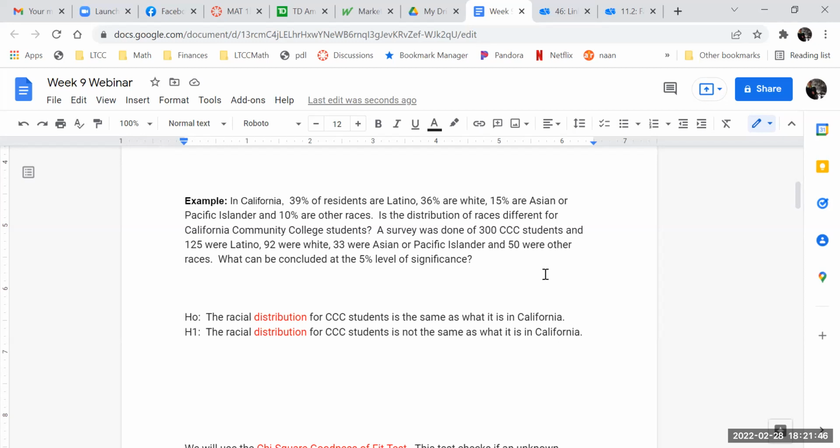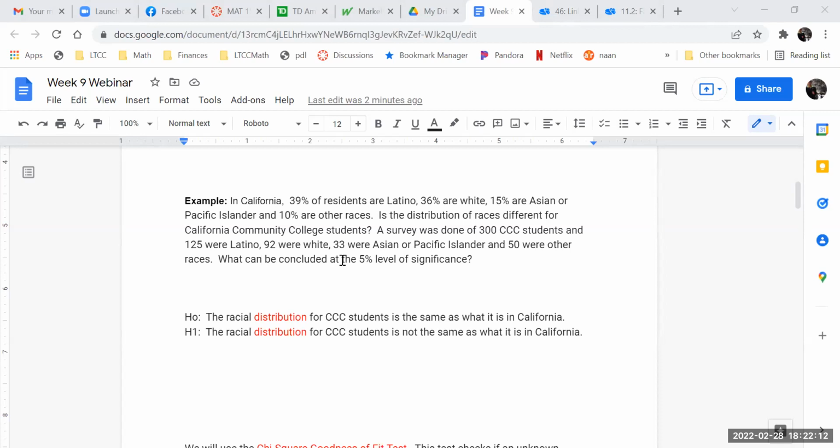What we have here, and I want to emphasize this because we're going to have again 3 different kinds of chi-squared, and this kind we know the distribution of California, and we don't know the distribution of California community college students. We only have a sample for the students, but we know the full distribution for the state.